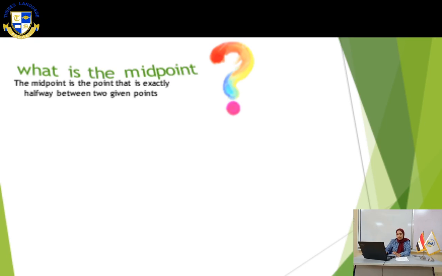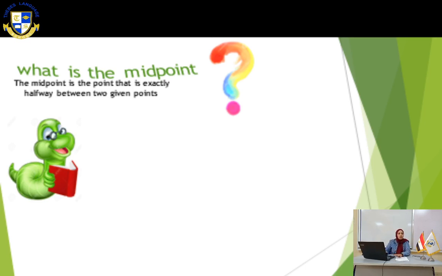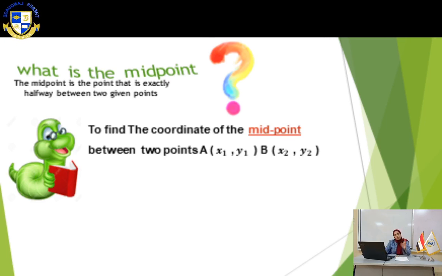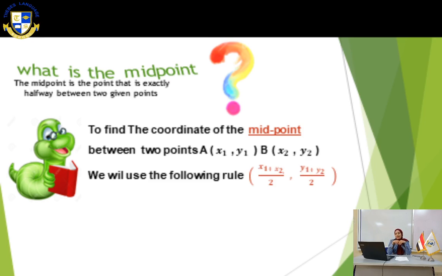To find the coordinates of the midpoint between 2 points, for example, A (x1, y1) and B (x2, y2), the rule is the sum of the x coordinates over 2 and the sum of the y coordinates over 2. So the rule will be (x1 plus x2) over 2 and (y1 plus y2) over 2.